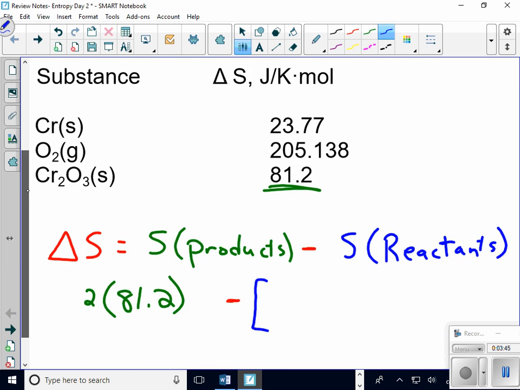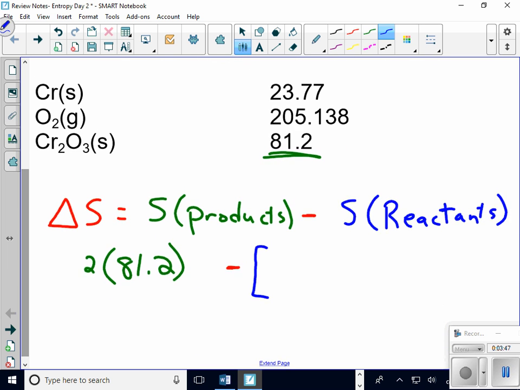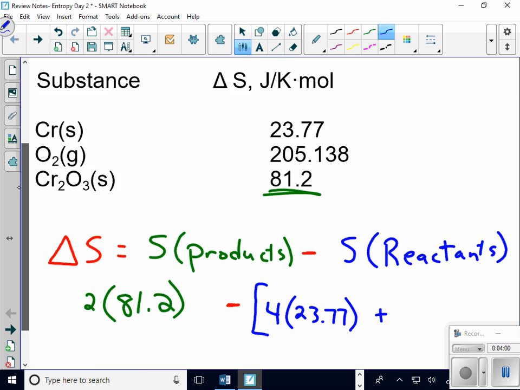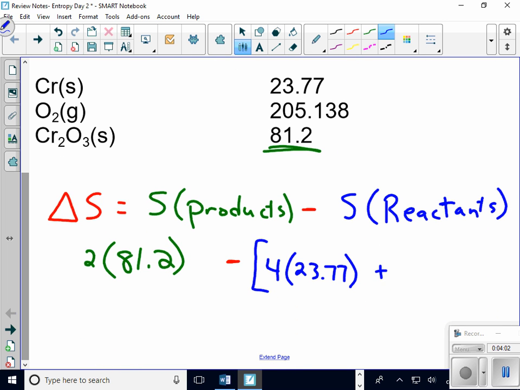So I'm going to take 4 times the value of chromium, 23.77. And to that, I'm going to add 3 times the 205.138.